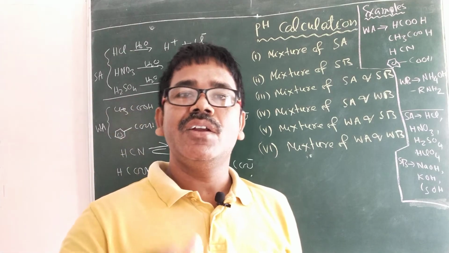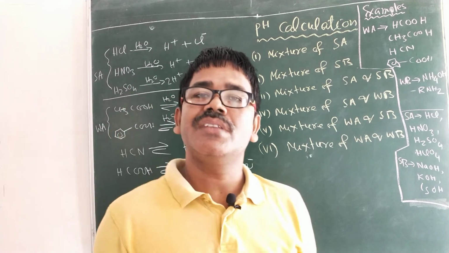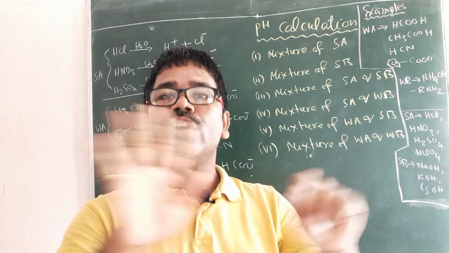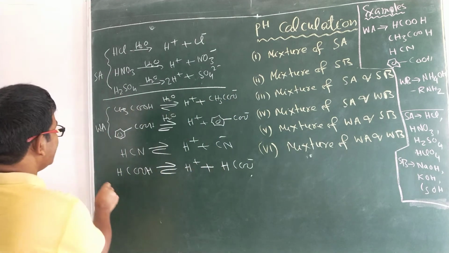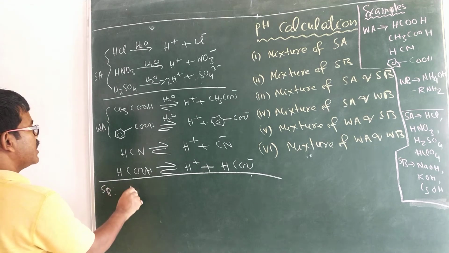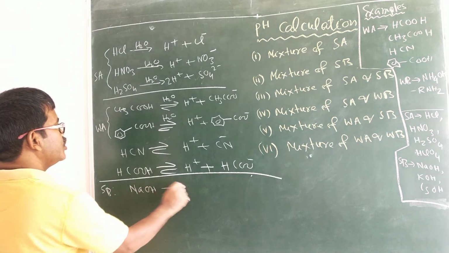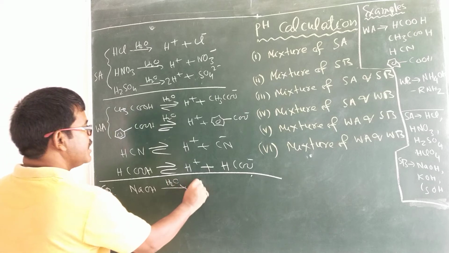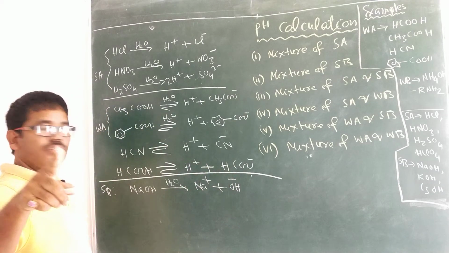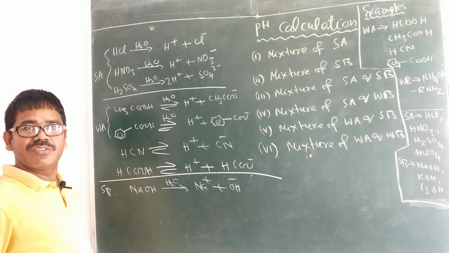Similarly, what about the weak base and strong base? A weak base will again ionize partially and maintain the equilibrium, but a strong base will ionize completely, no equilibrium. If I take the example of a strong base, sodium hydroxide, if you dissolve it in water, it ionizes into Na plus and OH minus, unidirectional, no backward reaction, only the forward reaction.